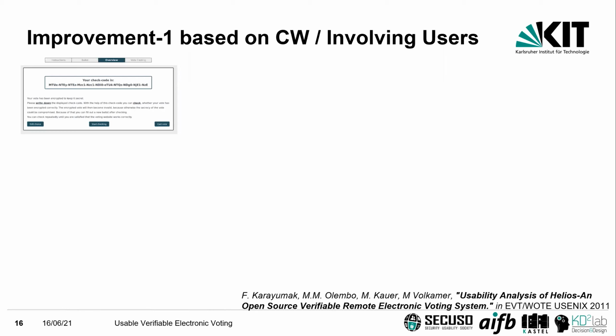So assuming that you have already logged into the system, you have made your selection, and what has happened now, before you see the screen that is on my slide, is that Helios has encrypted your selection and commits to this encryption, and in particular the randomness used to encrypt your vote, by showing something that we call a check code, which is kind of a hash value.